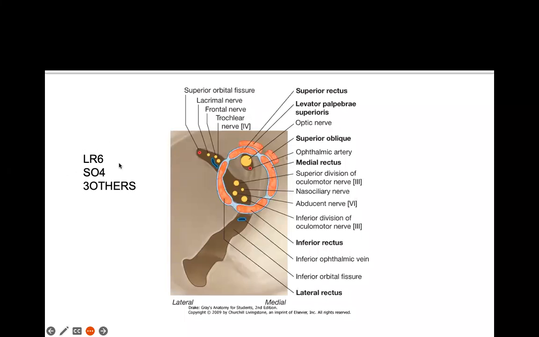I have put this here to simplify their names and their functions, okay? So LR will stand for lateral rectus. Let's locate lateral rectus here. We expect it to be lateral. Who can tell me which eyeball this is? Is it the left eyeball or the right eyeball?